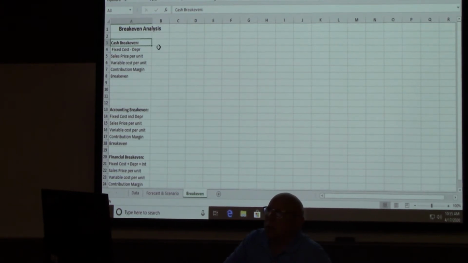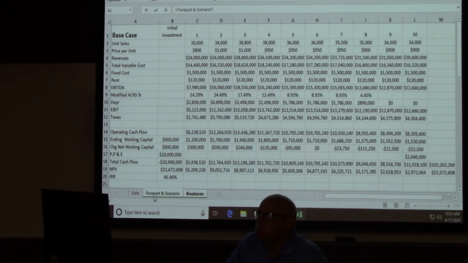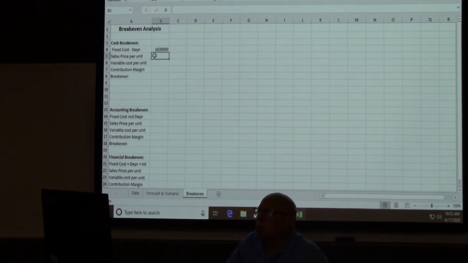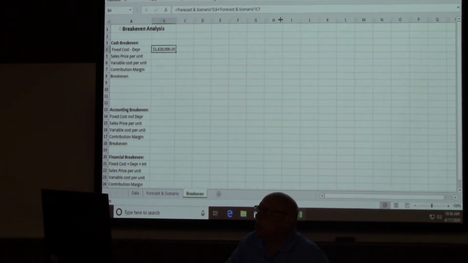So let's find, we know that our fixed cost is equal to this plus this. Let's take the cents off and center it.